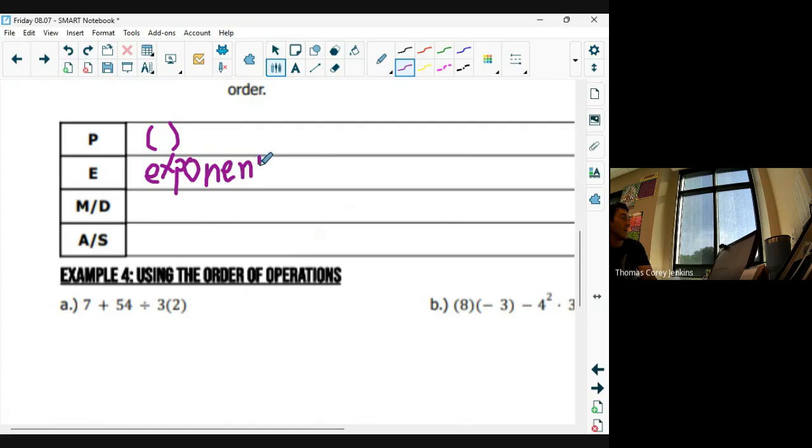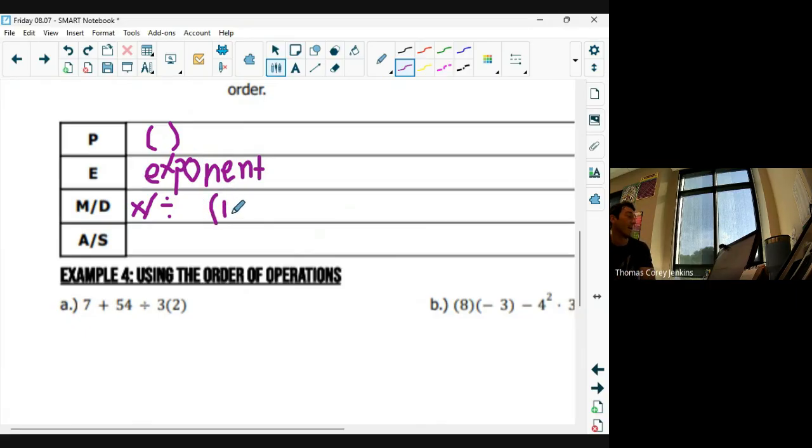What about M and D? Multiply or divide. Why are they on the same line? Does anybody have any thoughts about that? They're kind of like the same thing, okay? So multiplication and division, if they're together, which we'll see some in our example, my advice is work from left to right.